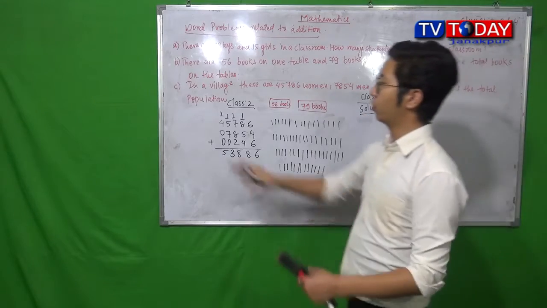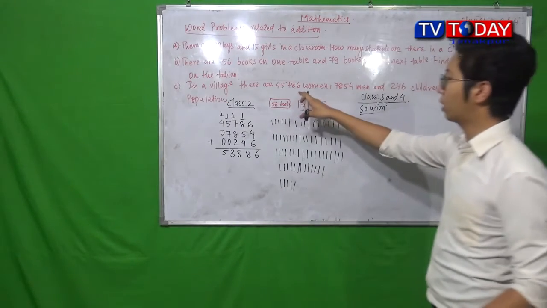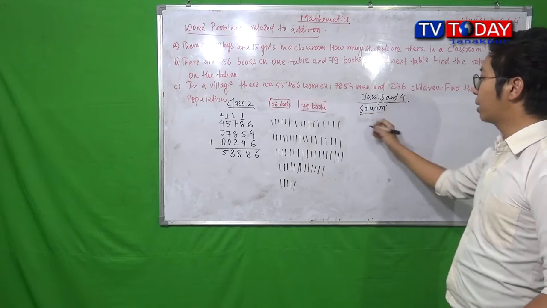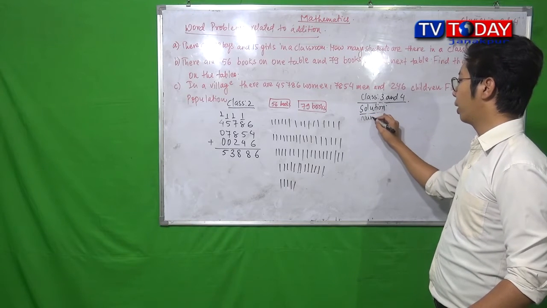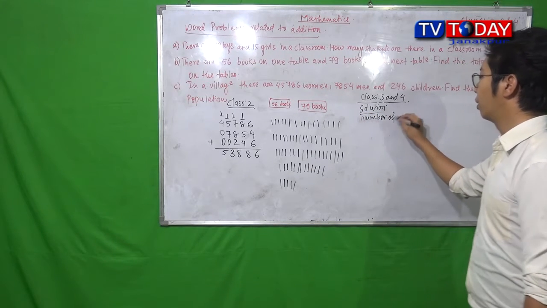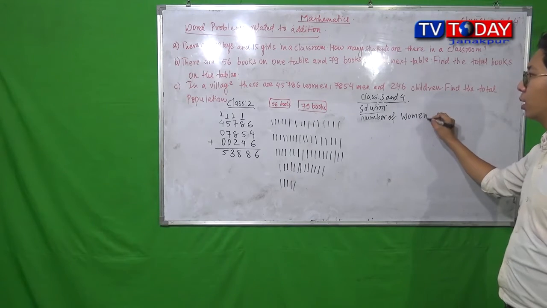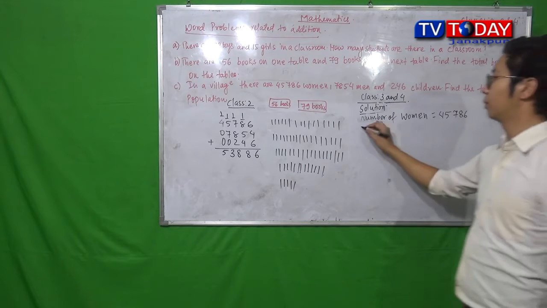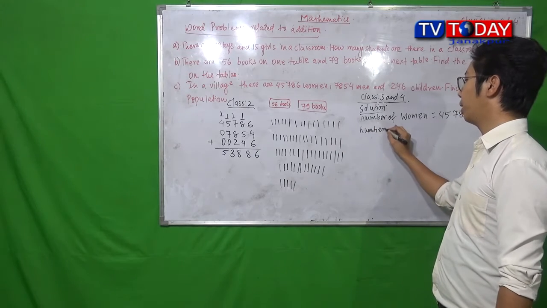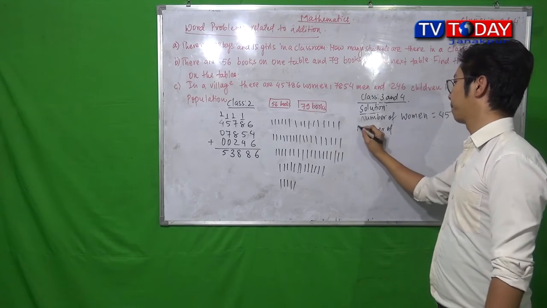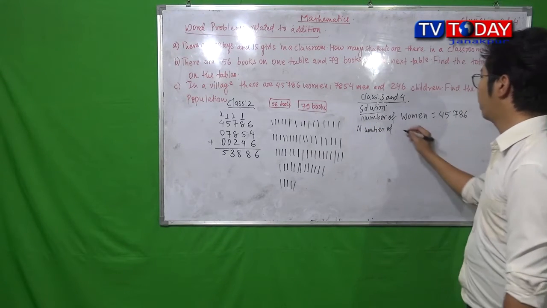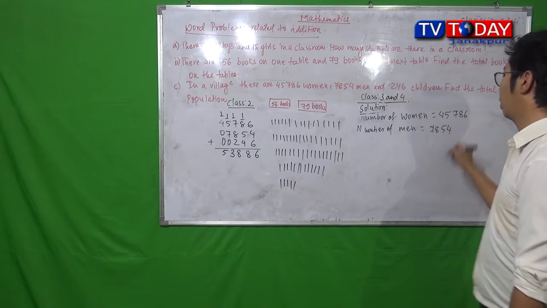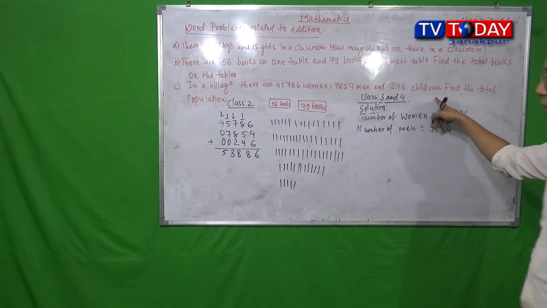So, what is the question here? In a village there are 45,786 women. So you have to write here the number of women. Number of women, how much? 45,786. Then number of men, 7,854. Then number of children also.